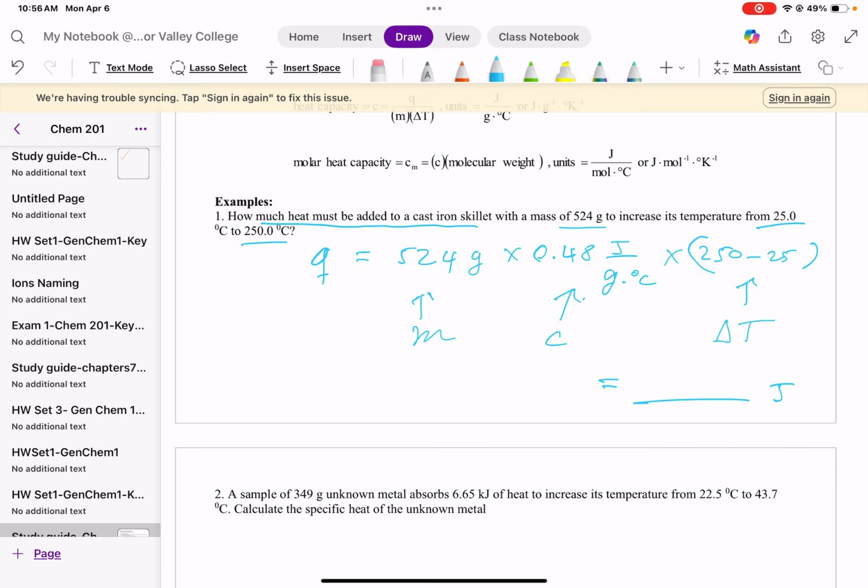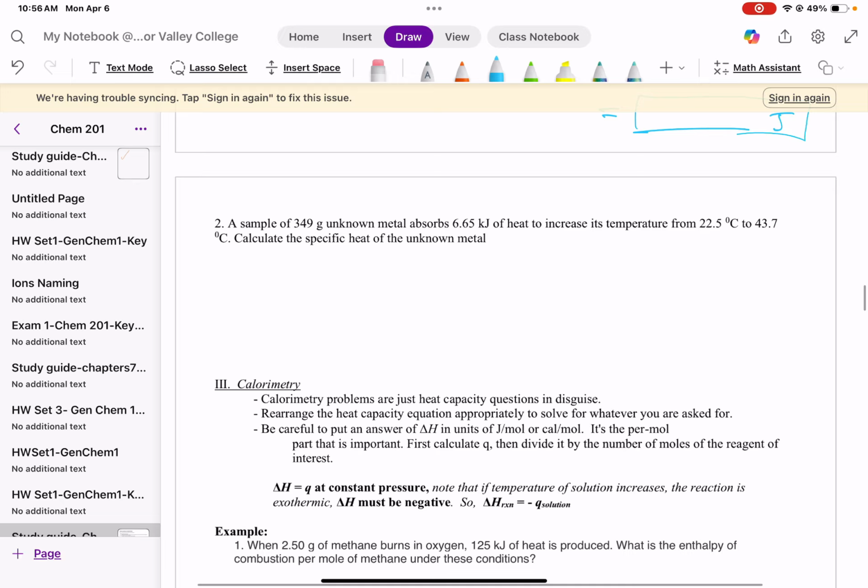If you plug them all in, everything cancels out except joule. So that's easy. Then you can try the other problem.